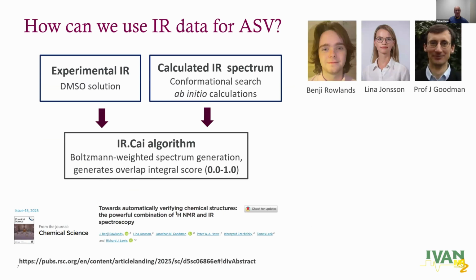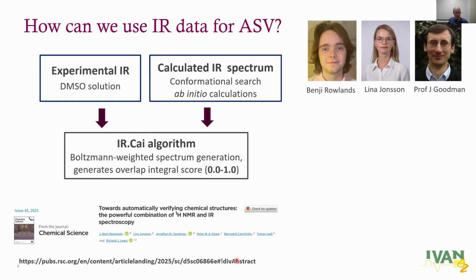Okay, so this comes on to thinking about using infrared data. This is a collaboration with the Goodman Group in Cambridge, PhD student Benji Rowlands, and an earlier master's student, Lena. The idea is collecting an experimental infrared spectrum and comparing it to a calculated infrared spectrum using a matching algorithm.